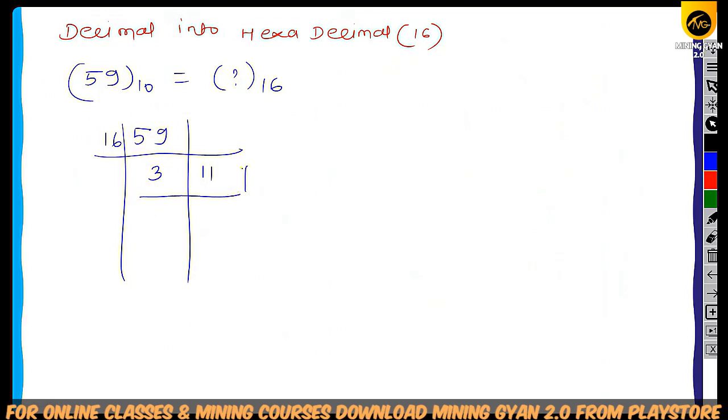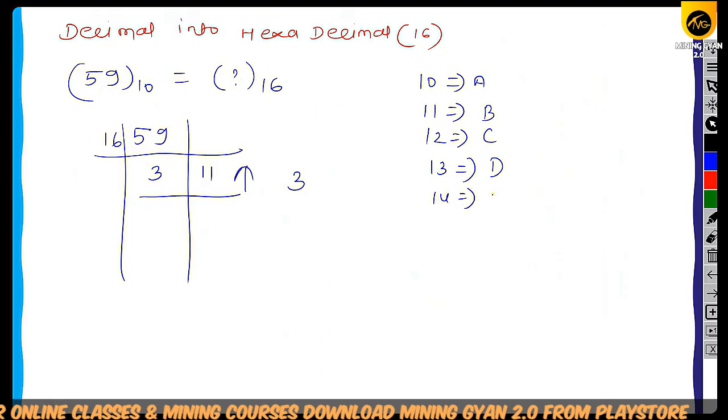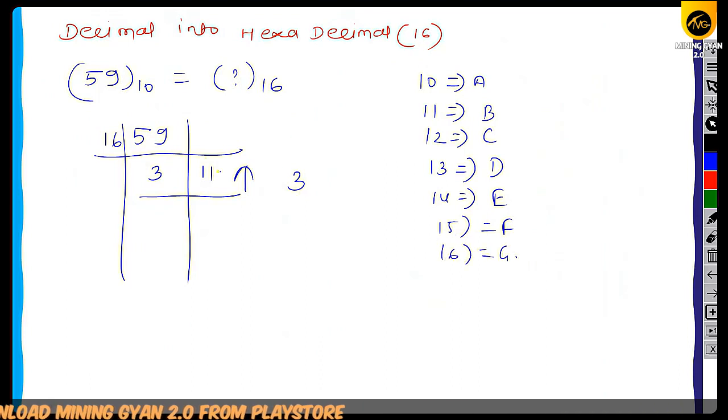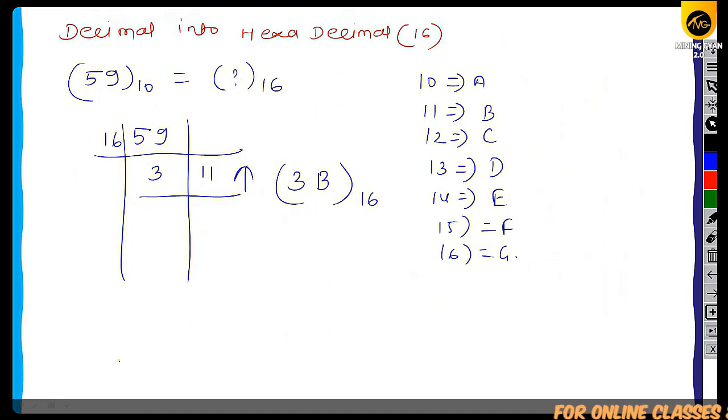Now the answer will be 3, and always remember in hexadecimal 10 is written as A, 11 as B, 12 is C, 13 is D, 14 is E, and 15 is F. So this answer will be written as 3B, because B represents the number 11. So the answer will be 3B.